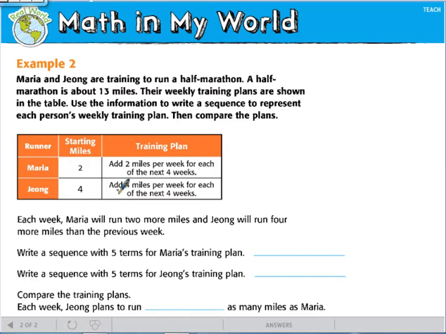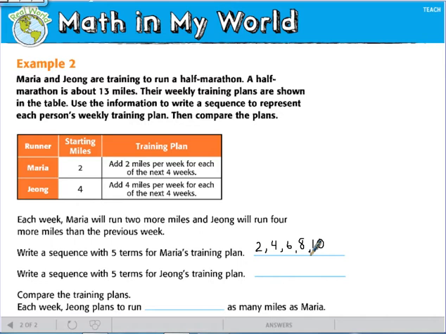So we're going to go with 5 for her. So we start at 2. What's next? What's after 2? 4, 6, 8, 10. That's it. We need 5, right?